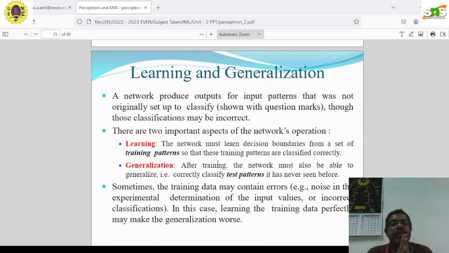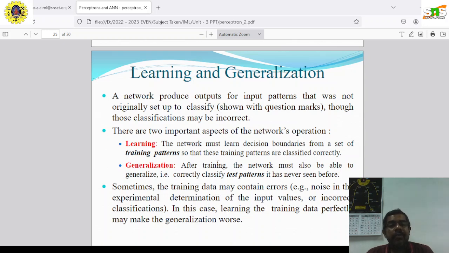So now, for learning and generalization, a network produces outputs for the appropriate input patterns, with the appropriate marks shown with the question marks, though those classifications also may be incorrect. There are two important aspects of the network's operation. One is called learning, and the other is called generalization.